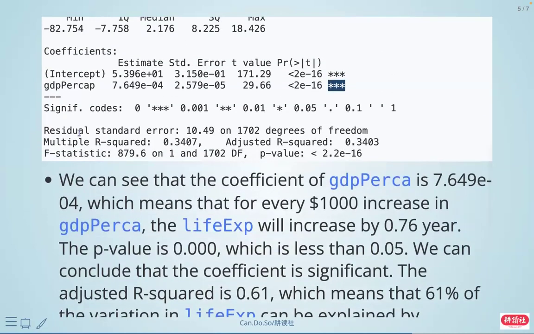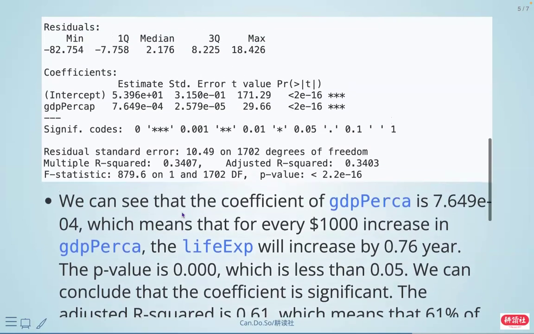And the R square is, where is R square? Adjusted R square is, multiple R square is 34. Sorry, excuse me, there is a typo. It's not 61, it's 34.